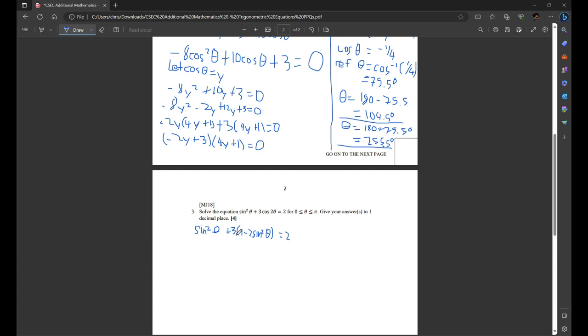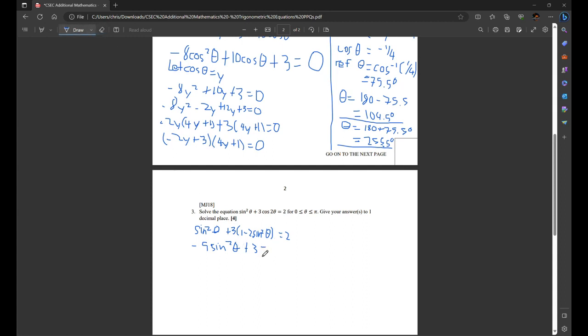So let's go ahead and do that. 3 times 1 is 3, 3 times negative 2 is negative 6, negative 6 plus 1 is negative 5, so that means we have negative 5 sine squared theta plus 3, because 3 times 1 is 3.